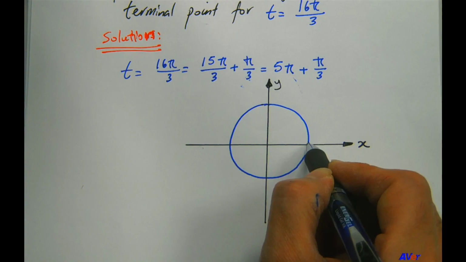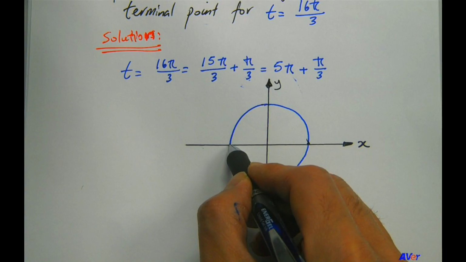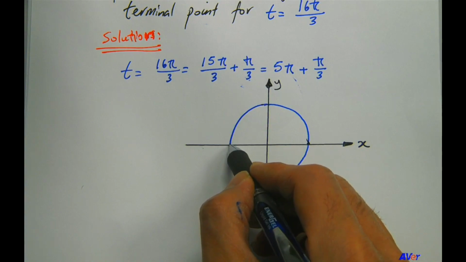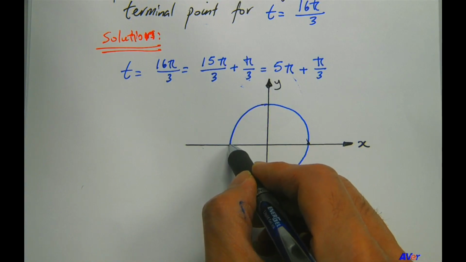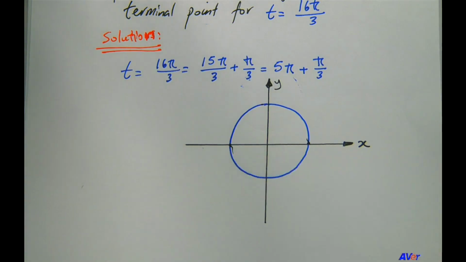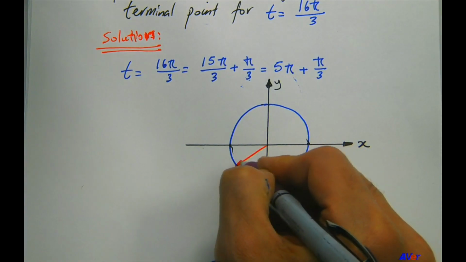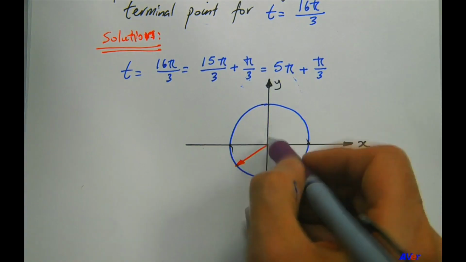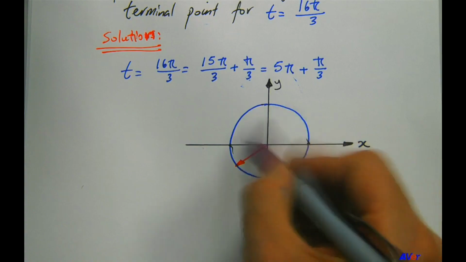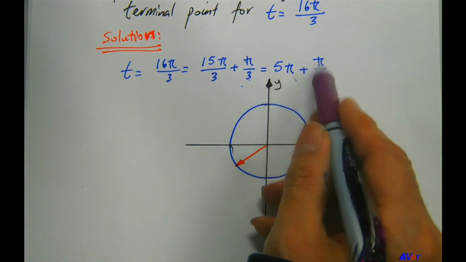Another pi would bring you to the end of the second quadrant. That's 5 pi, and then plus pi over 3, like that. So after 2.5 revolutions around the circle, plus pi over 3.